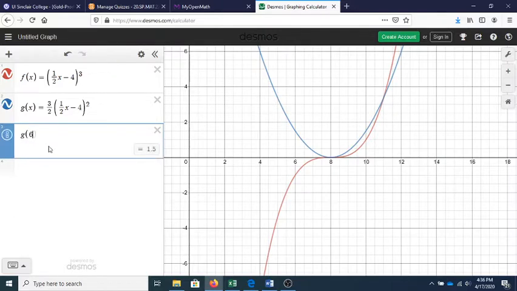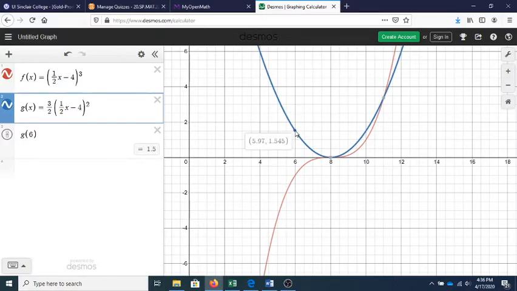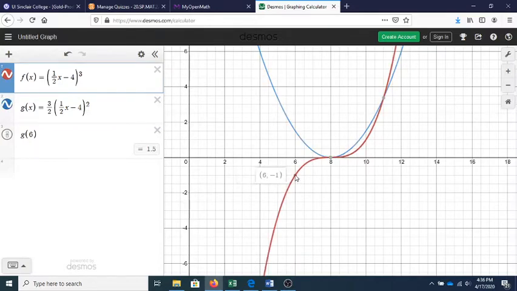So that's telling me that if I come over to this x value, the y value of the blue curve is 1.5, and that in turn is telling me that the slope on the red curve at that same x value, an x value of 6, is 1.5.